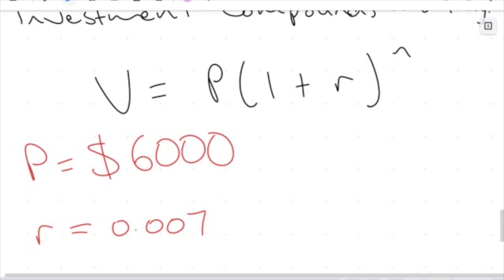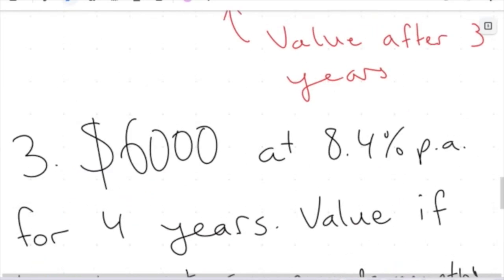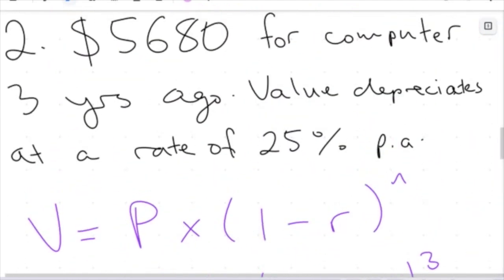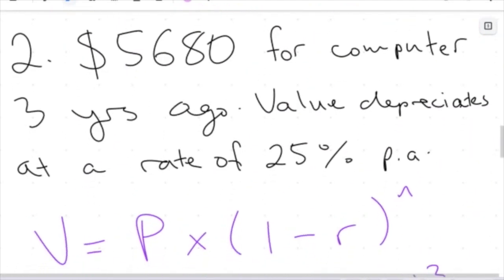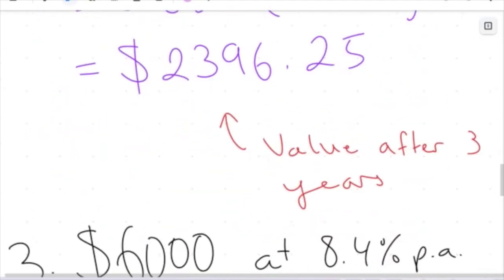So if, for example, I'm looking for a value at the end of 4 years, I'm looking at something that is compounded 4 times. If I'm looking at the value in this question, the 3 years, the amount of times that the value has depreciated or compounded, depending on the question, is that number of times.